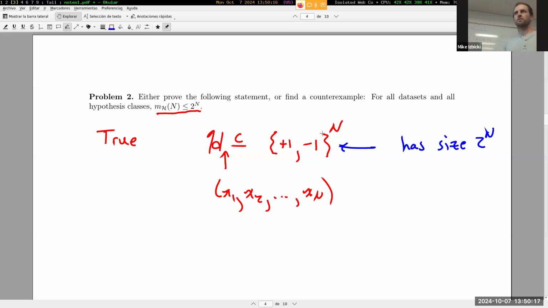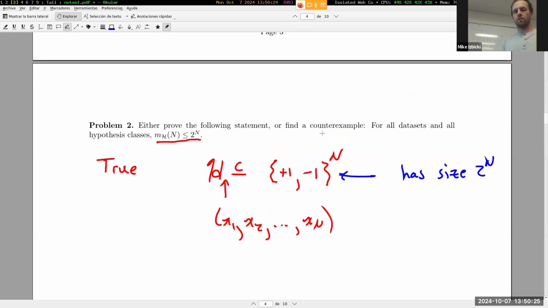Did that answer your question? So the question is, for a dichotomy, we're thinking about a specific data set, and that's true, but a specific data set has a specific n.